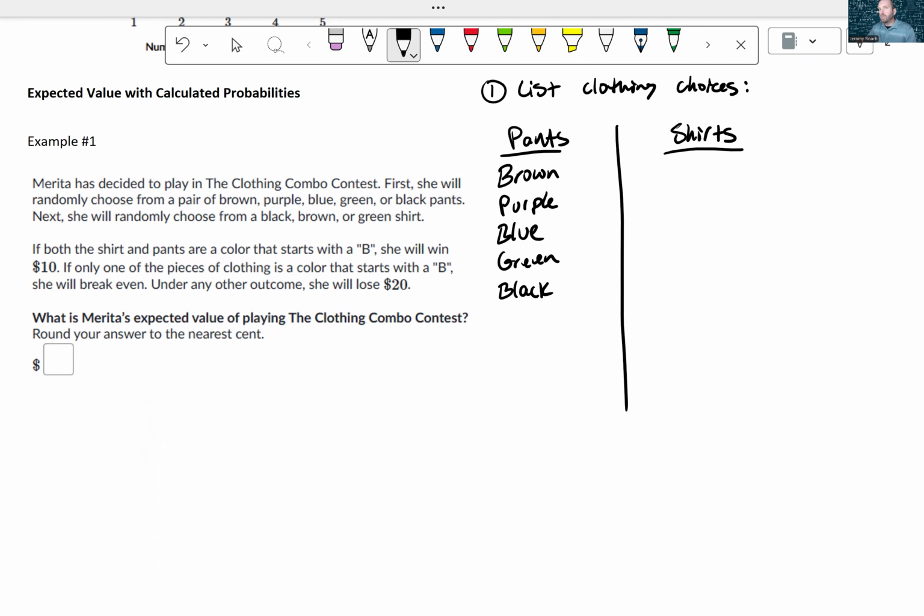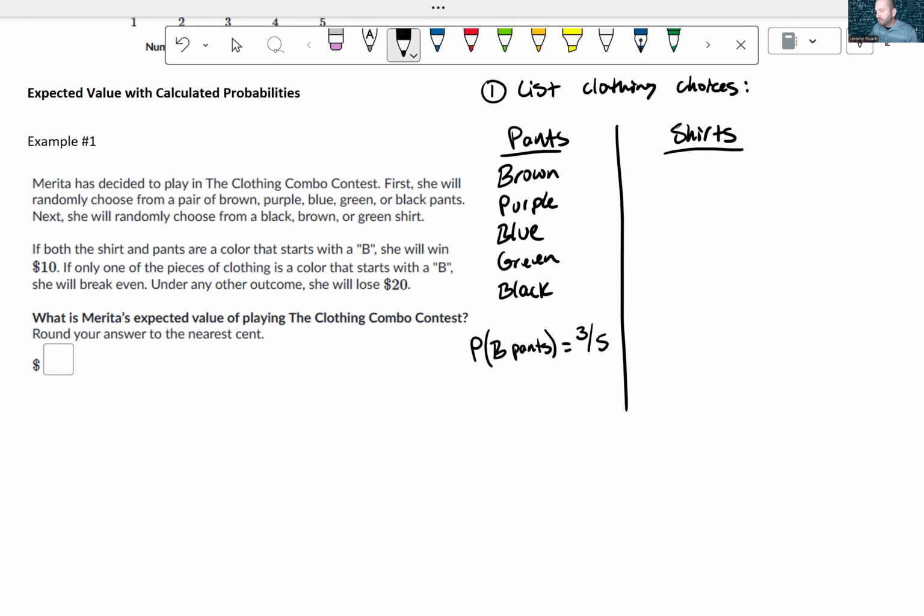It looks like there are 5 possibilities there. And the probability of her selecting pants that start with the letter B, I'm just going to call it B pants, is equal to, let's see, we've got brown, blue, and black. So there's 3 that start with a letter B out of 5. So that's the probability that she selects pants that start with the letter B.